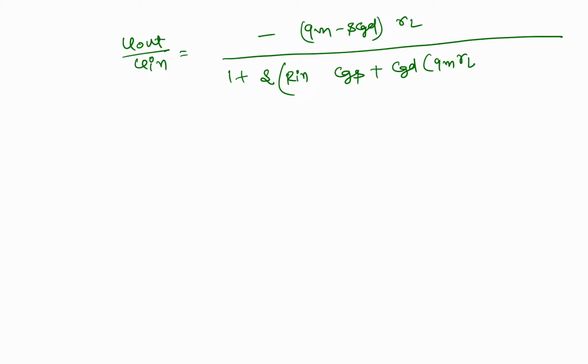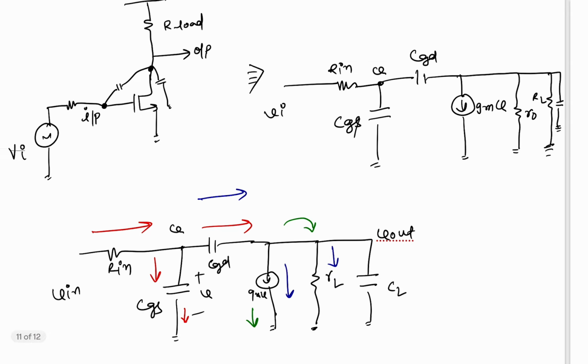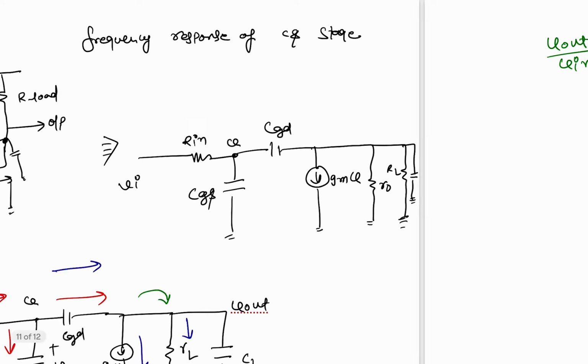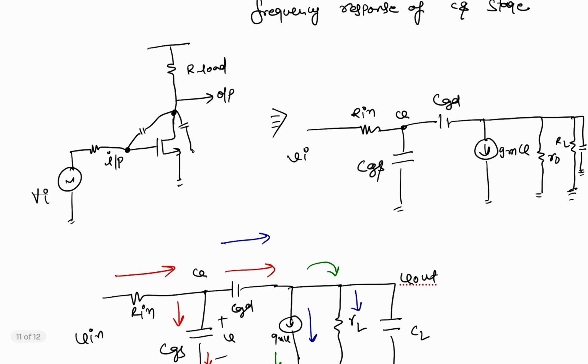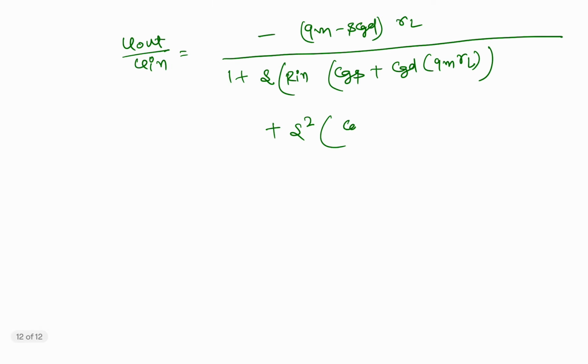Let's say A, you will get 1 plus A times here. So that is the equivalent coefficient of s, then s squared times Cgs multiplied by Cgd multiplied by Rin multiplied by RL. That will be the coefficient of the s squared term.